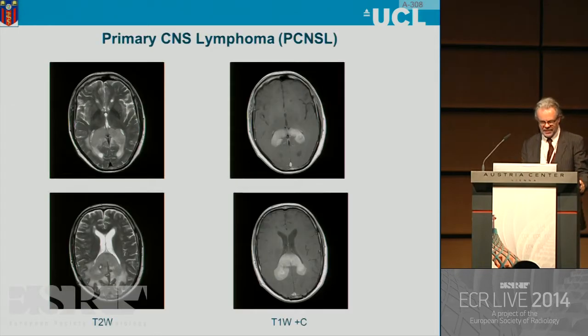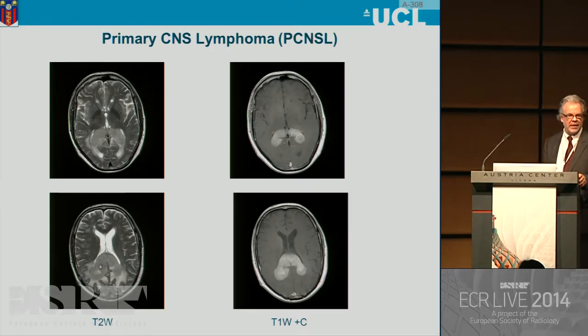So, examples here. Typical primary CNS lymphoma is a lesion which is relatively low on T2 and enhances strongly and uniformly. Now, this is in an immunocompetent patient. In patients with AIDS, you often have a cystic ring-like enhancement.